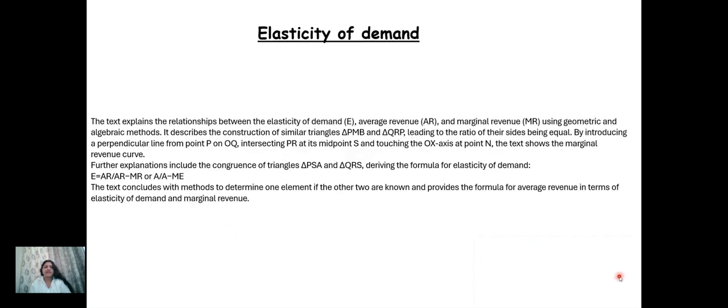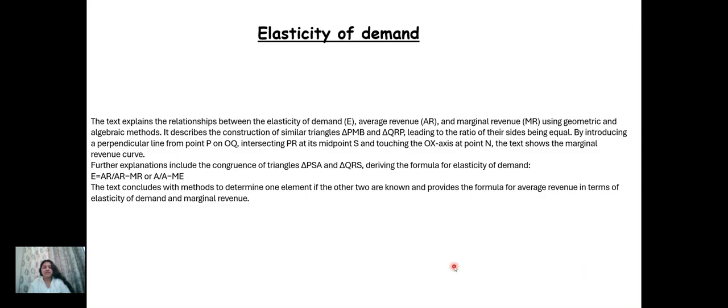So, what is elasticity of demand? We discussed how it affects the marginal revenue and average revenue, but let's understand what elasticity of demand is. Elasticity of demand is the relationship between average revenue and marginal revenue using geometric and algebraic methods. We have to take some triangle to understand this.